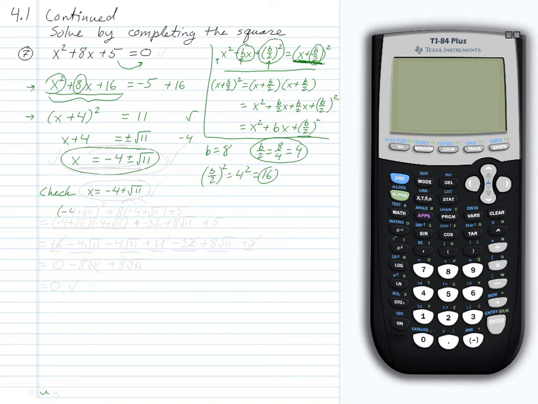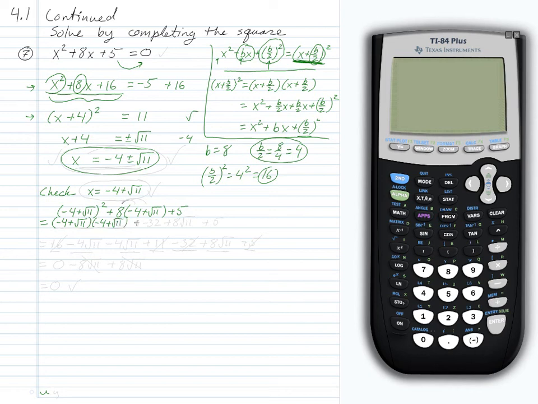So (negative 4 plus root 11) squared plus 8 times (negative 4 plus root 11) plus 5. That's equal to, okay, now I'm going to have a little bit of work ahead of me. I need to square negative 4 plus root 11. So let me write that out as (negative 4 plus root 11) times (negative 4 plus root 11).